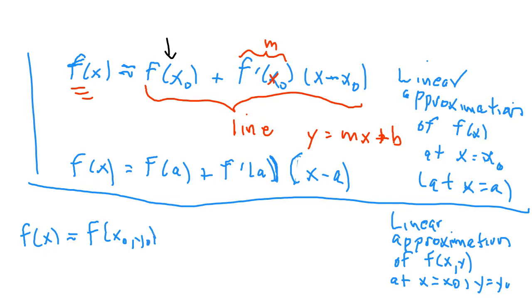Seems to make sense. And then here we had the derivative at x sub 0. Well, we're going to have a derivative too at x sub 0, y sub 0, but it's the first partial derivative with respect to x.